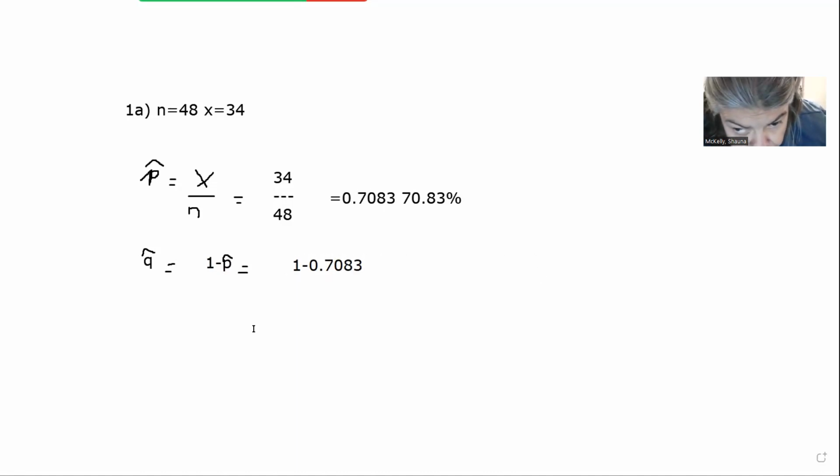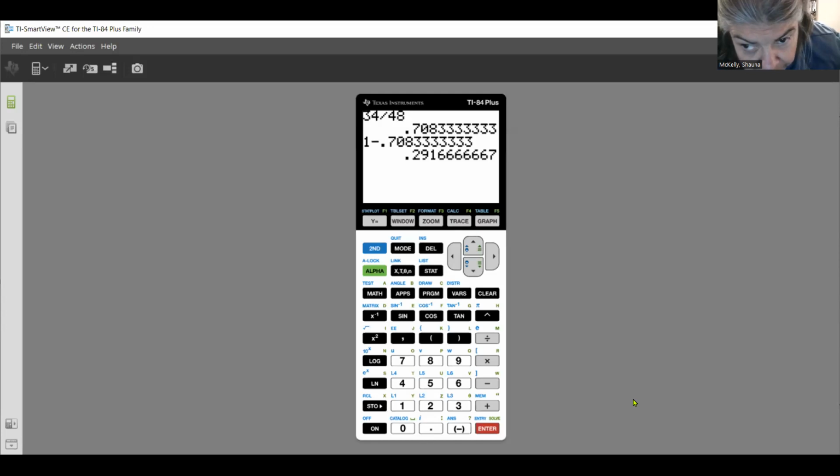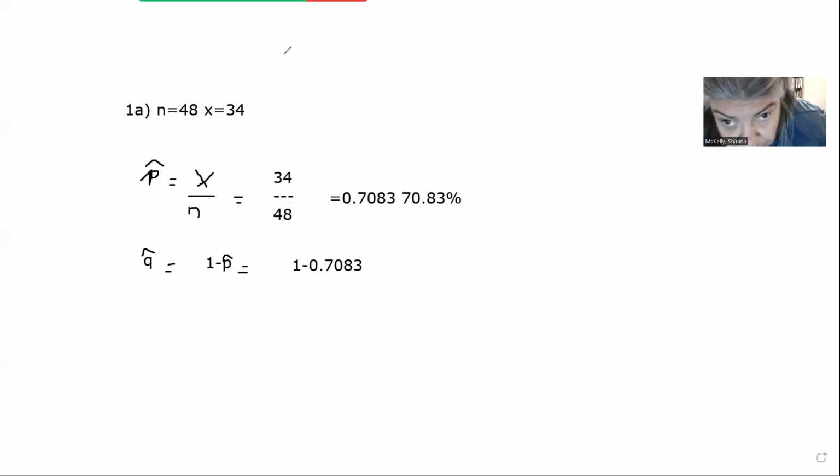And if we go back to the calculator, that's equal to 0.2917, which is equal to about 29.17%.